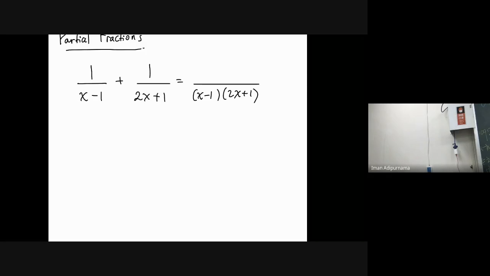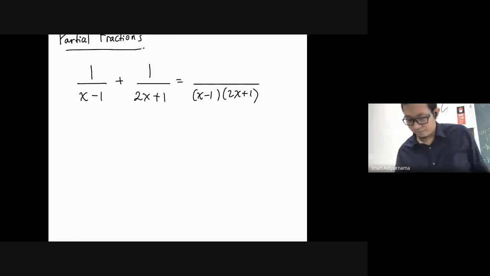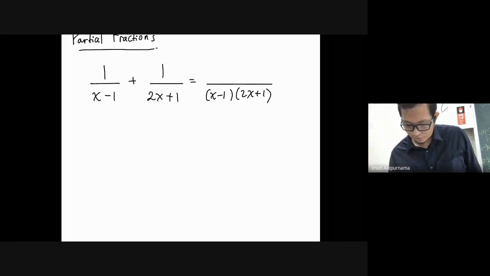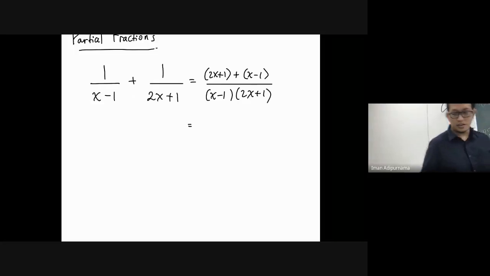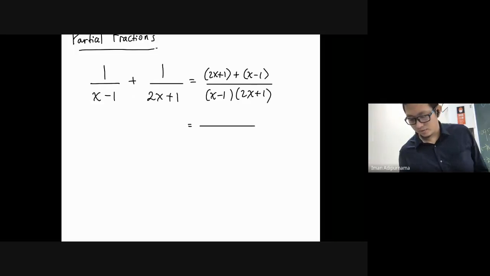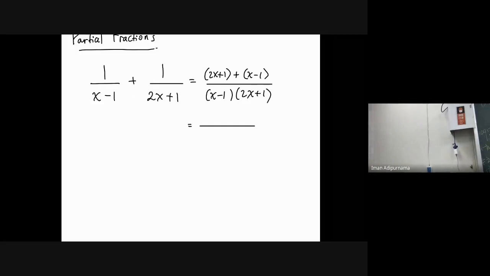Okay. So this will be 2x plus 1, okay, plus x minus 1. And then this is 2x, 3x, and then the other one is 0, so only 3x.